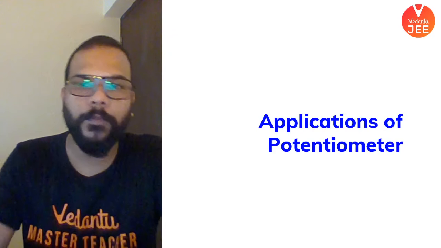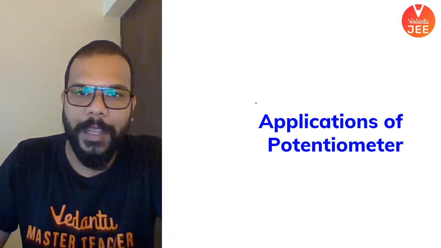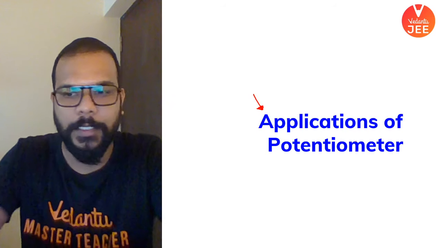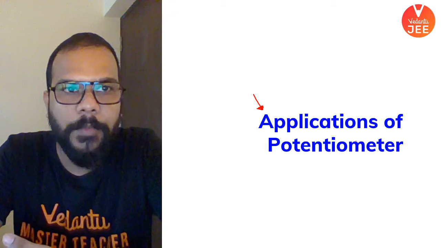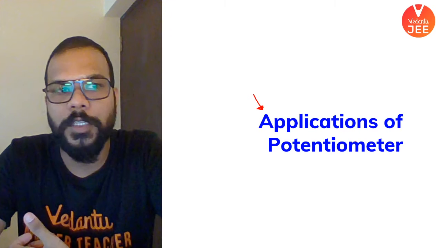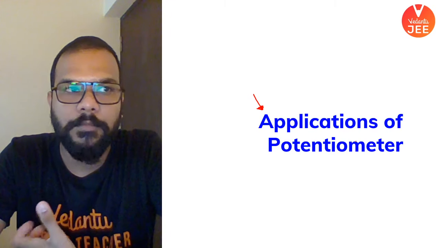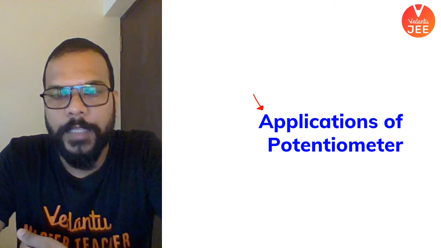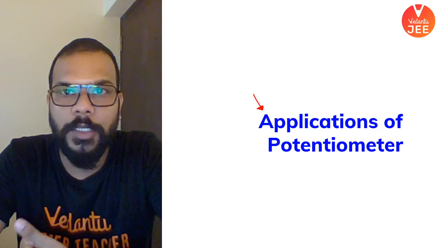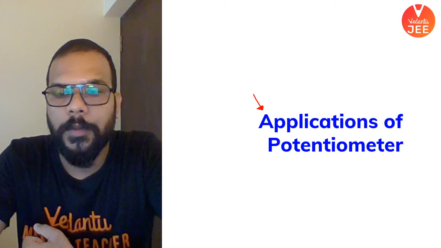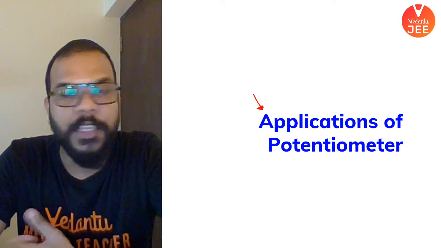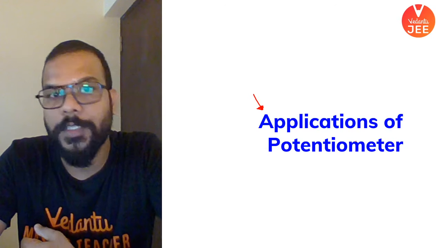Okay, so guys, let's go forward and talk about today's topic, that is application of potentiometer. I hope all of you remember that potentiometer is a very awesome substitute for a voltmeter. With the help of a potentiometer, we can measure a lot of potential values without deviating from the value which was supposed to be.